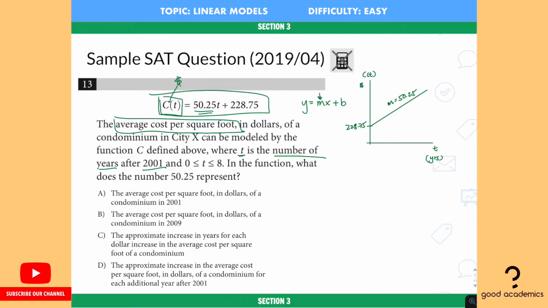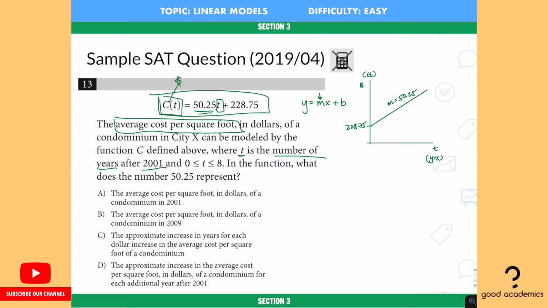So what is it? Well, if t is 1, then you're going to add 50.25 on top of the 228.75. If t is 2, then you're going to have 50.25 times 2, which is 100.5, and add it on top of the 228.75. Now, if you're able to imagine and hypothesize these t values, and again, we are not going to calculate, especially since we don't have a calculator for this particular section, the most important thing that you need to be aware of is the impact of this 50.25.